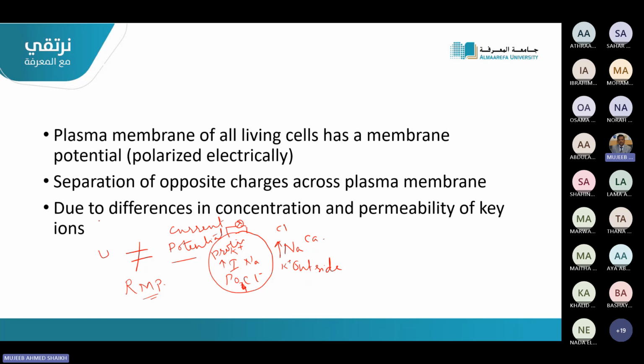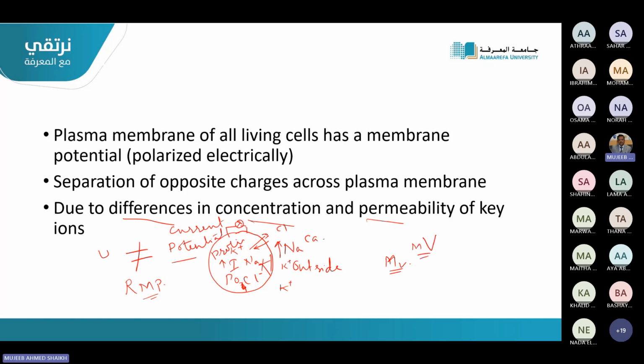Here it is written: due to difference in concentration and permeability. Some are more permeable, going in and out, some are less permeable, and because of the concentration, many are more here and less here. Because of unequal distribution and separation, there appears to be some electrical activity which is measured in terms of millivolts.